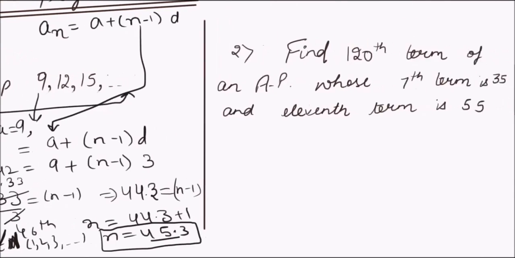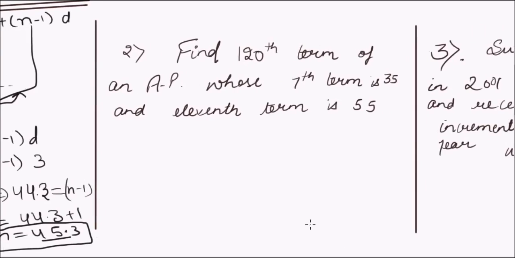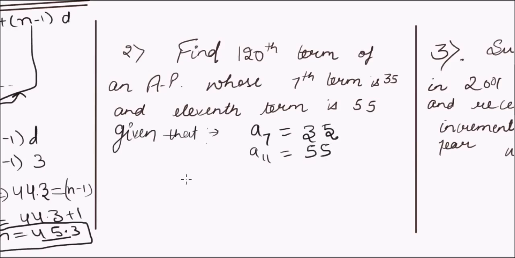Let us move on to next question. The question says, find 120th term if 7th term is 35 and 11th term is 55. Friends, it is given that a_7 equals 35 and a_11 equals 55.